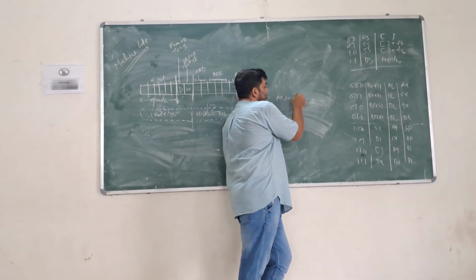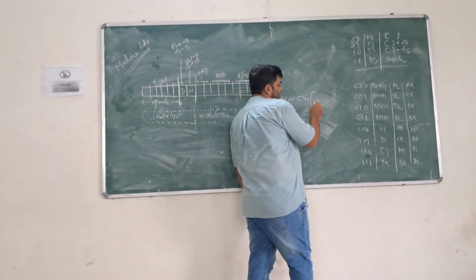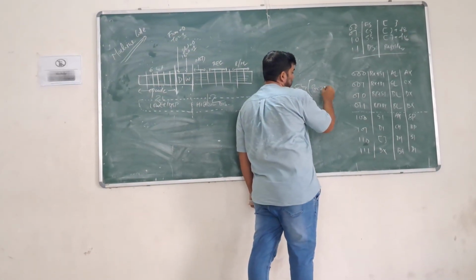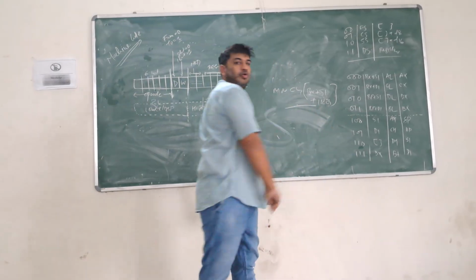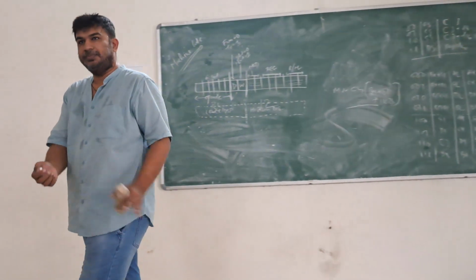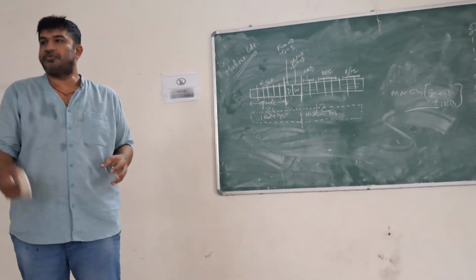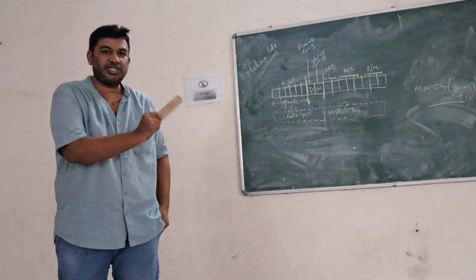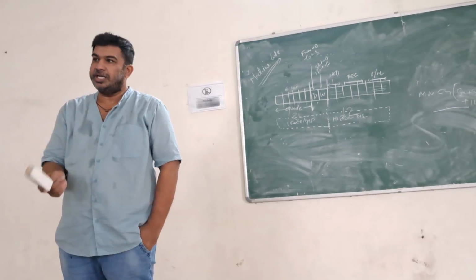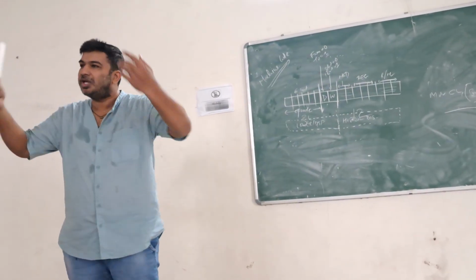MOV CL, [BX+SI+1122H]. Okay, now this is my instruction. Possible? Of course possible, right? That's evident. Now first question: what is this instruction doing? Transferring data from memory, square bracket is memory.